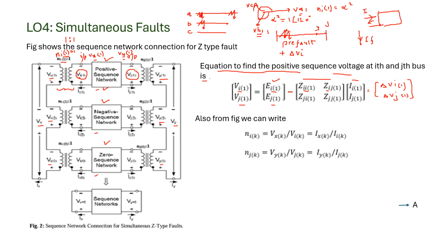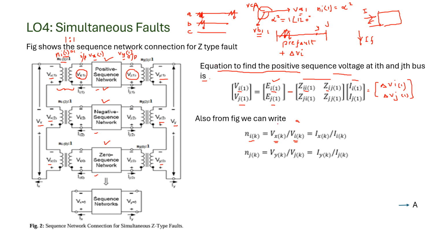Now here it is written in the equations. Nik means now Ni1 or maybe Ni2 or something like that. So it is Vxk divided by Vik. Vxk is the sequence voltage at the faulted bus, and this is taken as the reference. The A bus is taken as the reference bus.